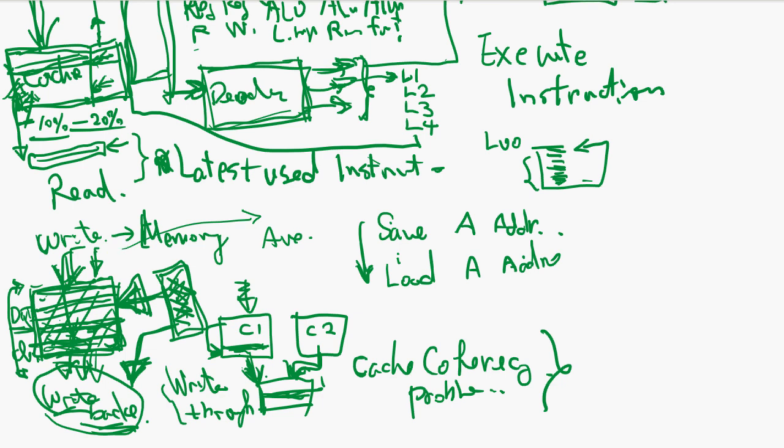How much data the CPU writes into the cache determines the ratio of dirty cache and clean cache, and that depends on the application.